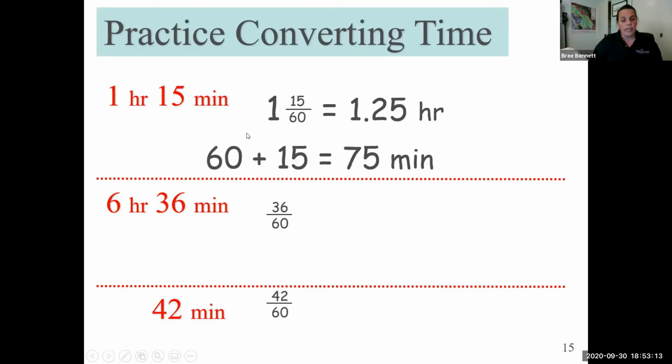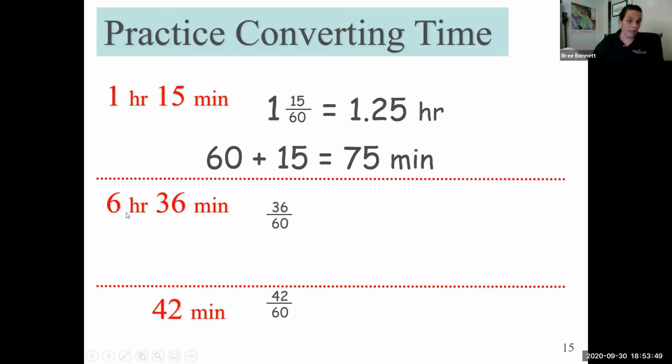Now, if you want to do minutes, you can do 60 minutes plus that remaining 15, to give you 75. So it all depends on you. Can you envision what 1.25 hours looks like in your head, or can you envision what 75 minutes looks like in your head? Again, we're not doing 1 hour and 15 minutes, which is what we commonly use in your day-to-day life. So we're going to either hours or minutes, whatever your preference.